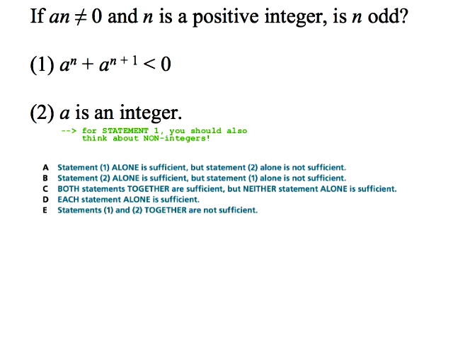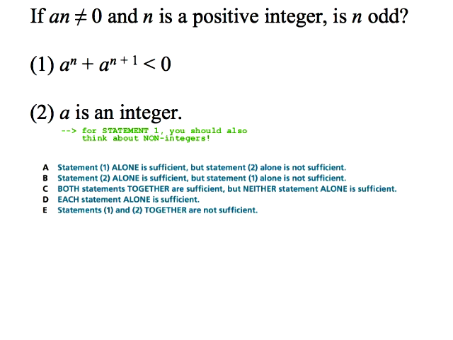In general, when you have statements that put restrictions on stuff, you should pay attention to them, but you should also be paying attention to not putting the same restriction on the other statement, right? So when it comes to statement 1, this is also kind of an interesting looking algebraic expression.